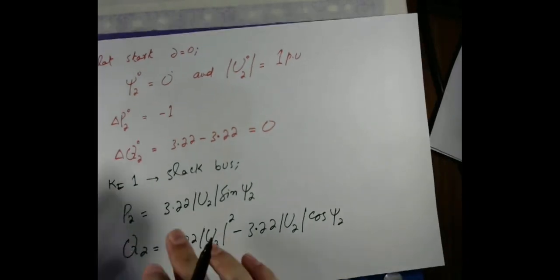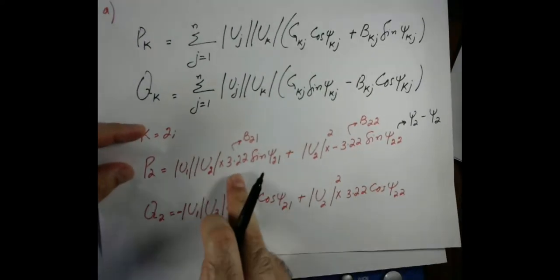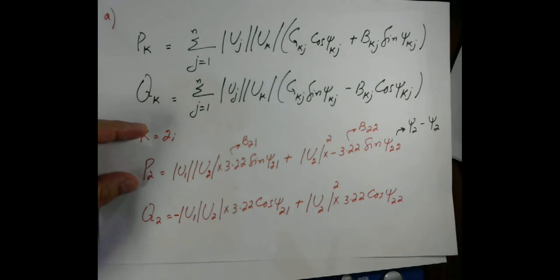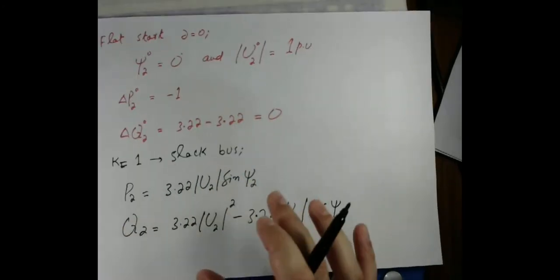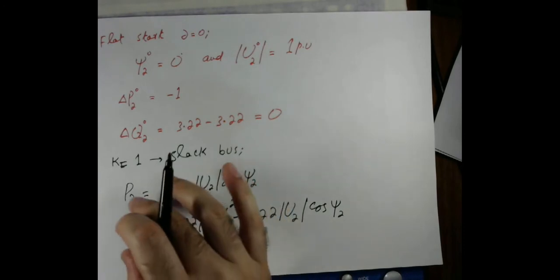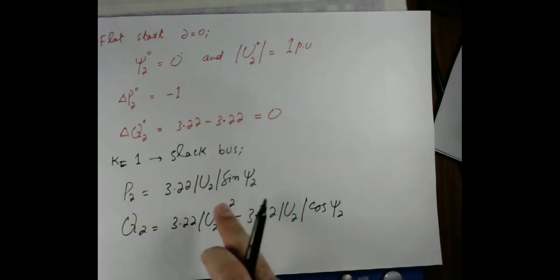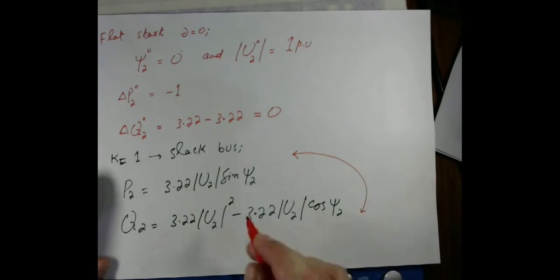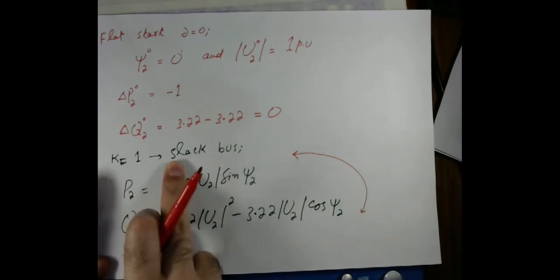So these are the same expressions we wrote in the beginning, but knowing the value of the angle and the voltage on the slack bus, these two expressions can be rewritten like that. So these two are the expressions for the active and reactive power on the load bus, knowing the values on the slack bus.